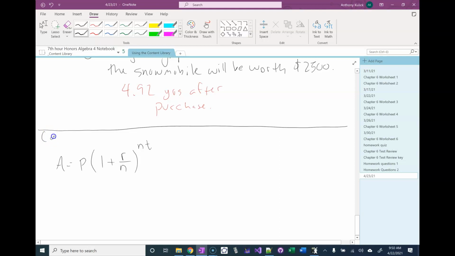So our compound interest formula is this. A is the value of the account, let's just say the value after T years.